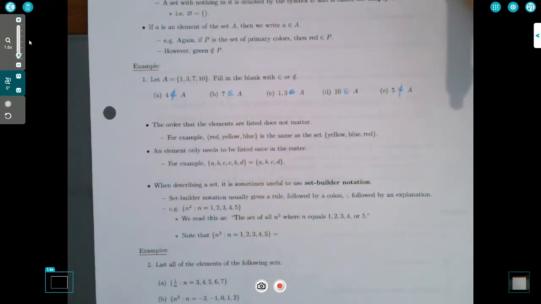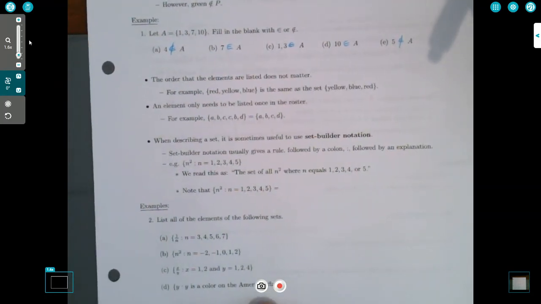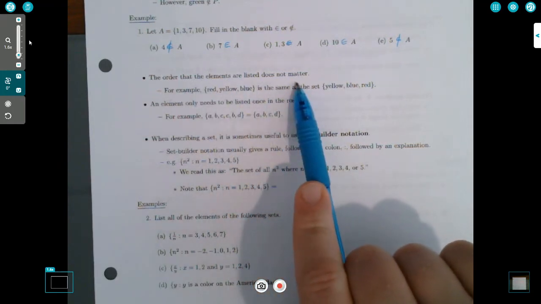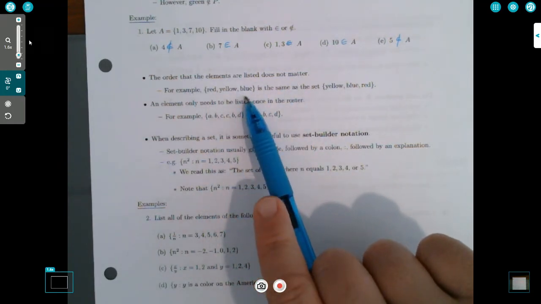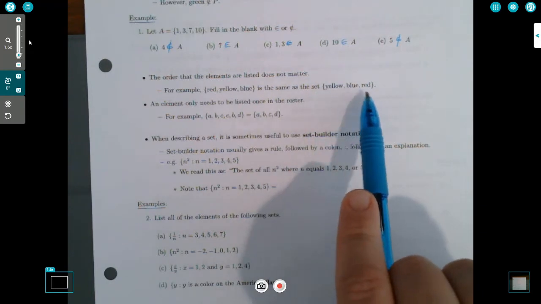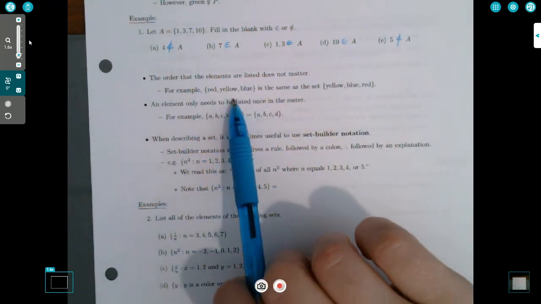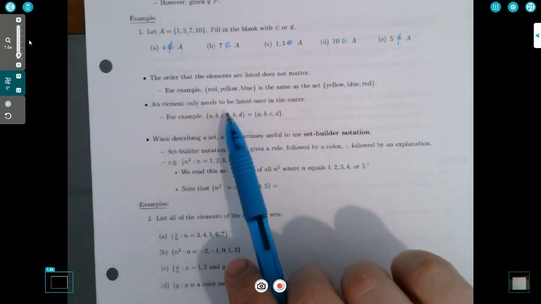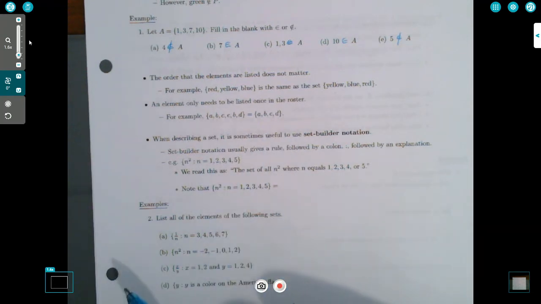Now, when dealing with set notation, a couple things to keep in mind, right? First of all, the order that the elements are listed in doesn't matter. So the set red, yellow, blue is the same as the set yellow, blue, red. The order doesn't matter. It's still the same set because they have the same elements, okay? And then the other thing is that an element only needs to be listed once in the roster.